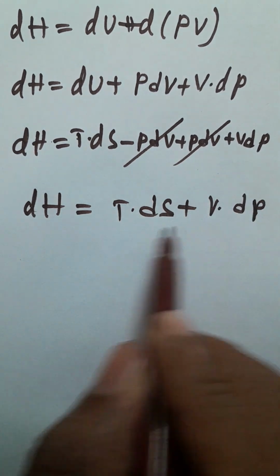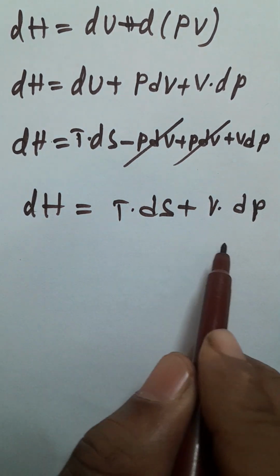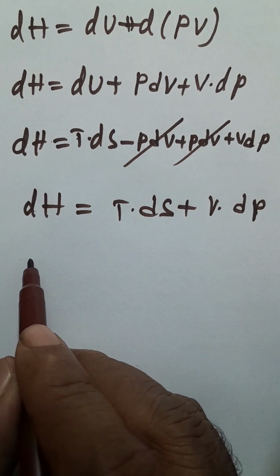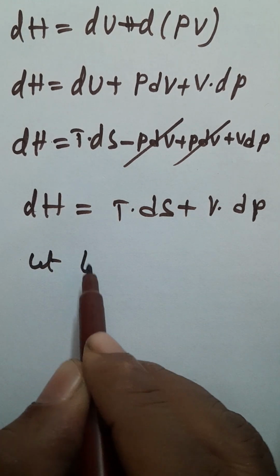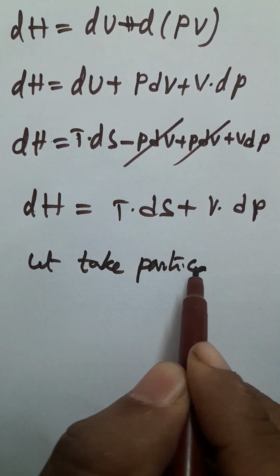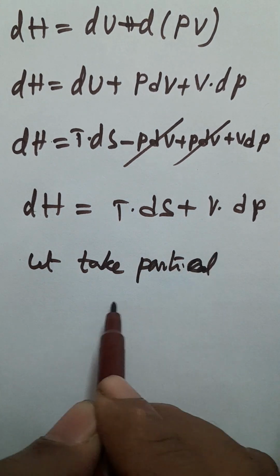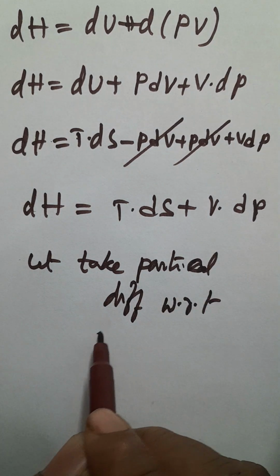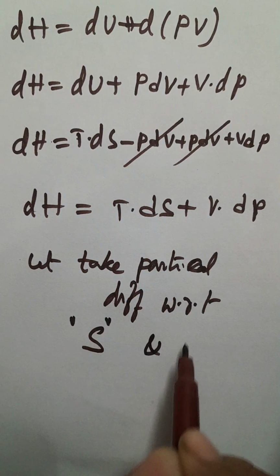Again here we got two variables, and we want a single variable. For that again we take partial differentiation with respect to entropy and pressure.